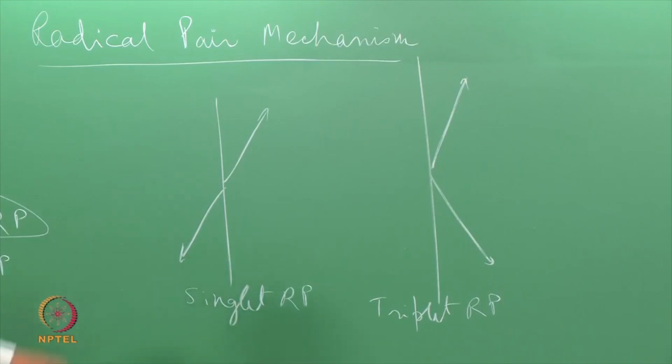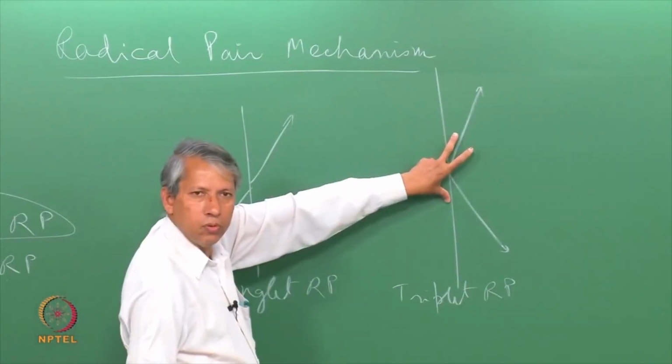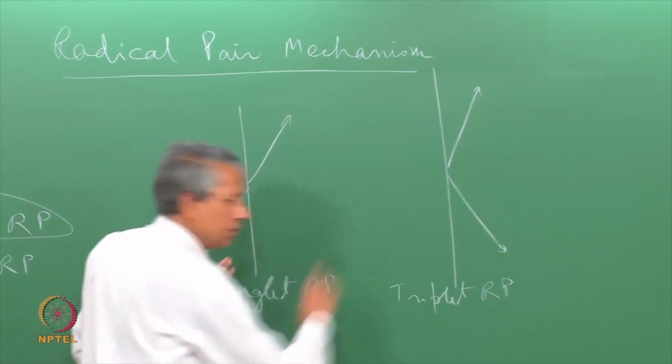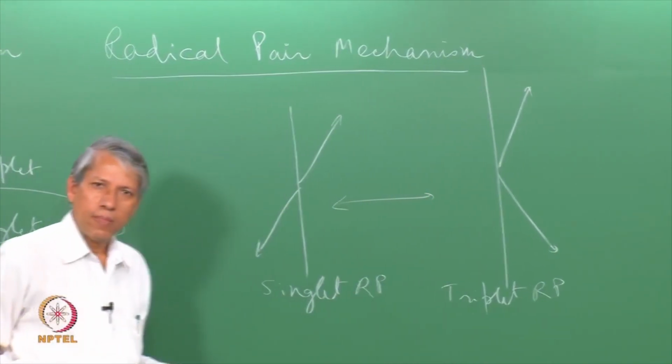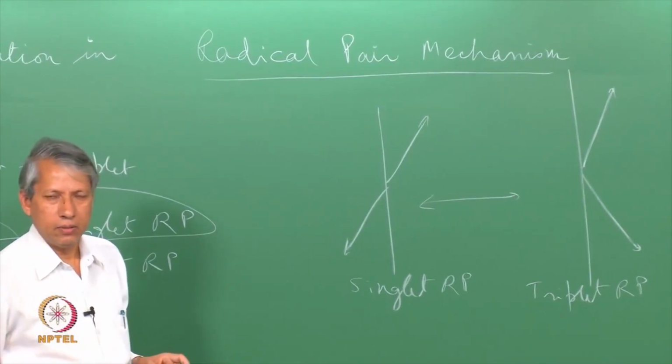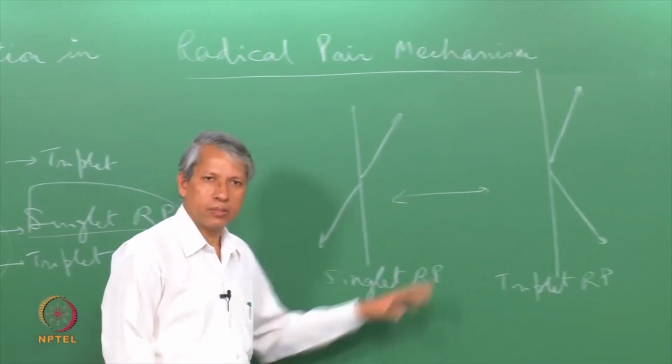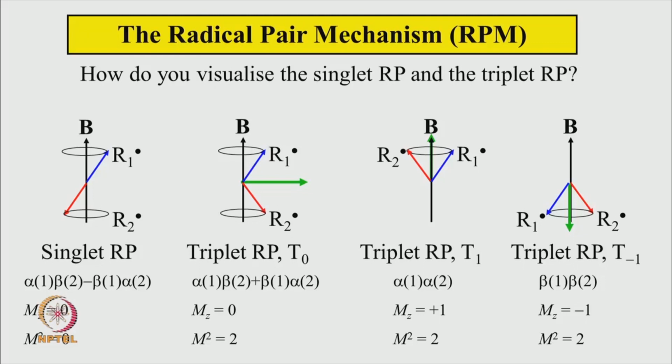The only difference is the relative phase of these two. So, presumably interconversion between these two does not look very unlikely, and in fact, we will see that is what is happening here. On the other hand, from singlet to these triplets is very unlikely, because the spin has to really flip from this direction to that direction. That is not so likely. Compared to that, here the phase has to change from this to this.